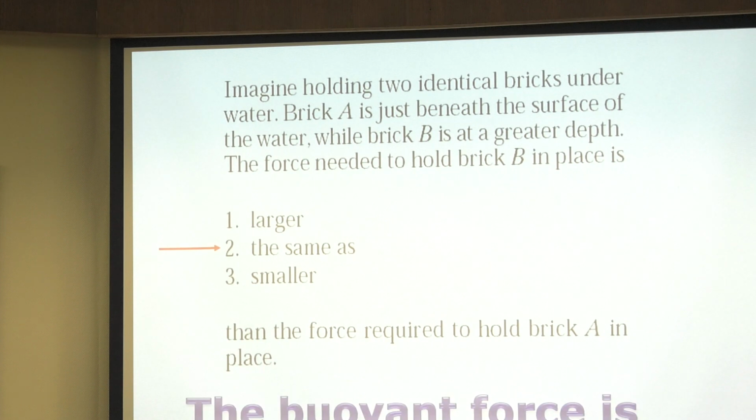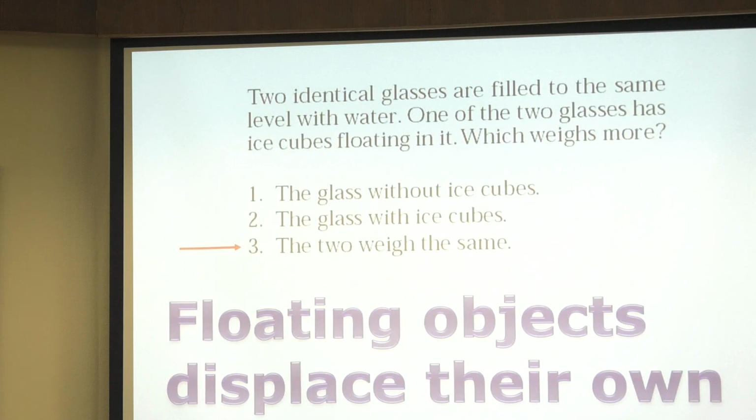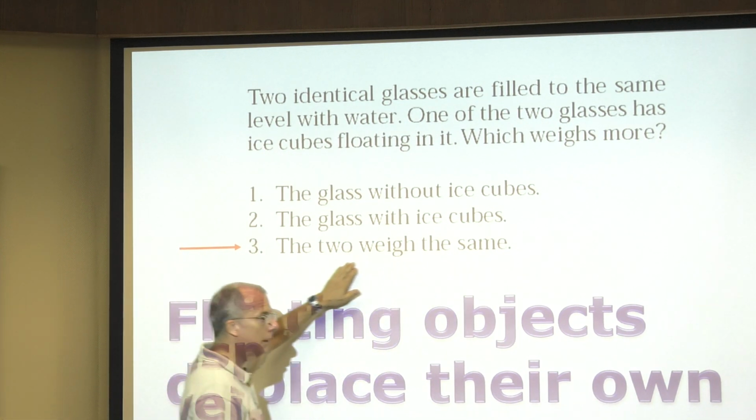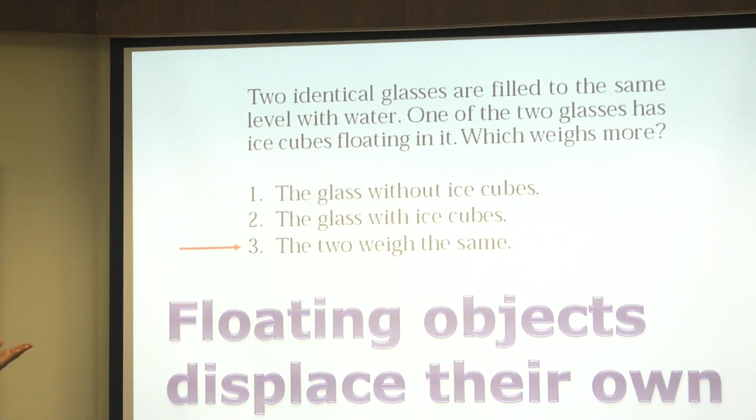So the ice cubes are displacing water, and the weight of the ice cubes is the same as the weight of the fluid displaced. So therefore, the two have to weigh the same, right? Because the weight of the water being displaced is the weight of the ice cubes. Okay, I hope you understand that.